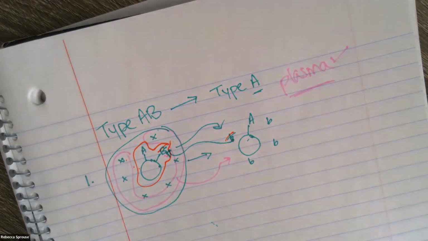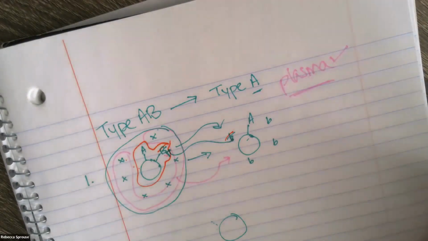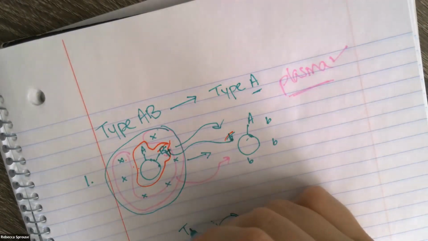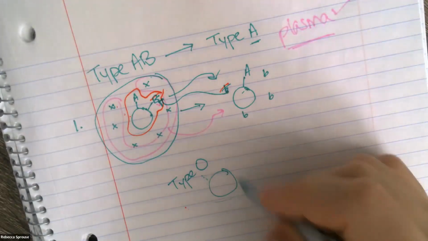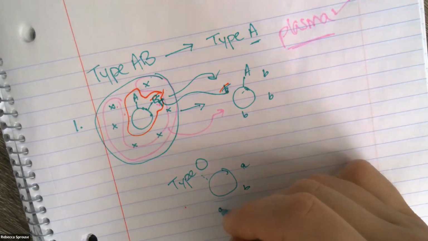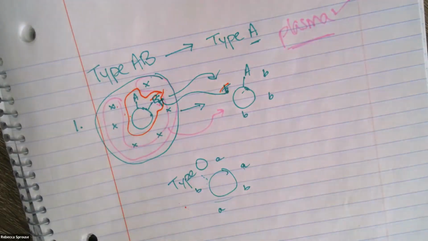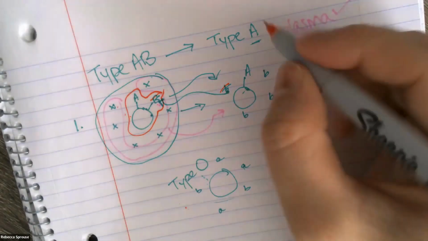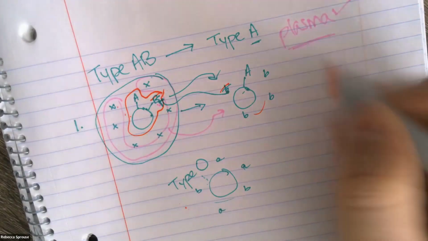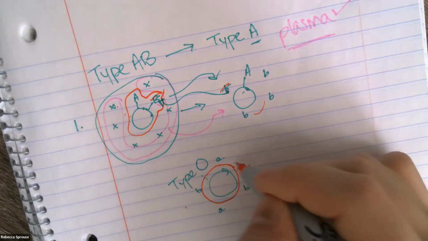Okay, let's talk about O. O is supposed to be the universal donor, right? If you have type O, nothing on the surface, but we have both A's and B's in the plasma, right? What of that type O can we donate to this donor? The cells, right?